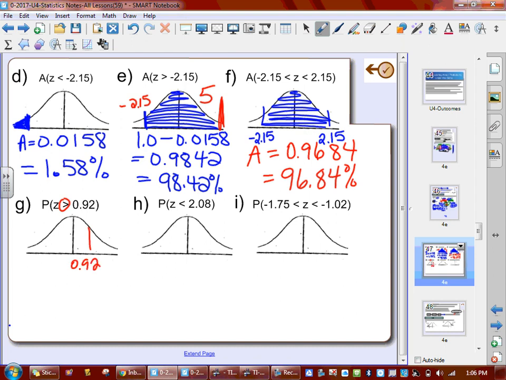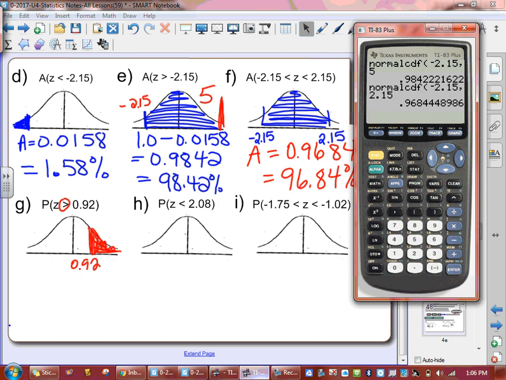Now we're going to use our calculator again. Our left boundary now is what number? Yeah, 0.92. So 0.92, comma, 5. So we're going right to the edge, right to positive 5.